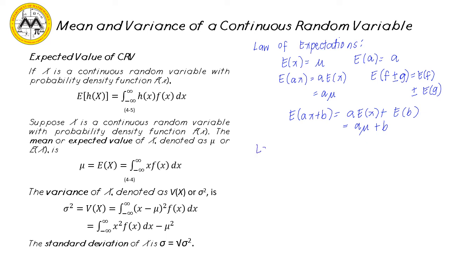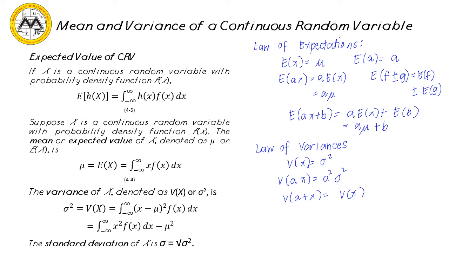For the law of variances, the variance of x is sigma squared. So if we will be multiplying everything by a constant, the variance of ax is a squared times sigma squared. If a constant is added, it would not change the variance.